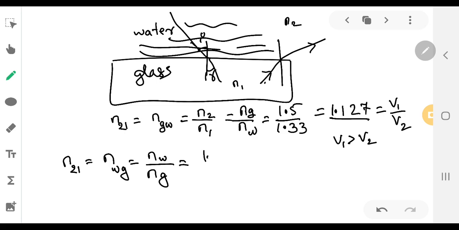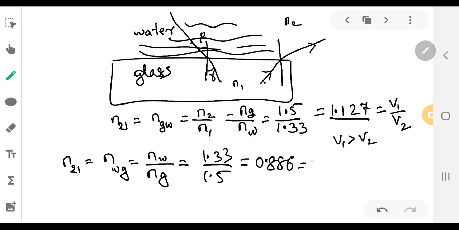It is 1.33 divided by 1.5. So 1.33 divided by 1.5, the value you are going to get is 0.886.